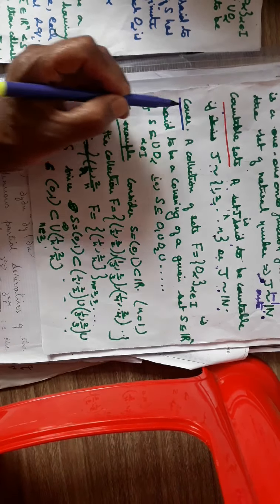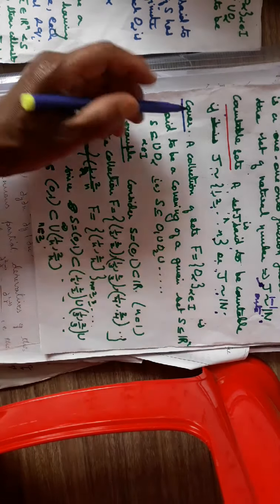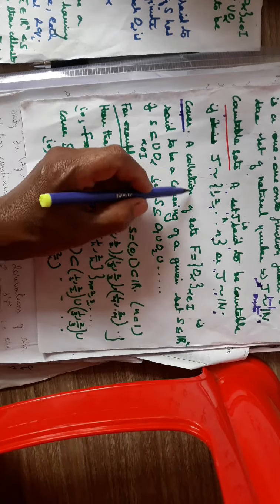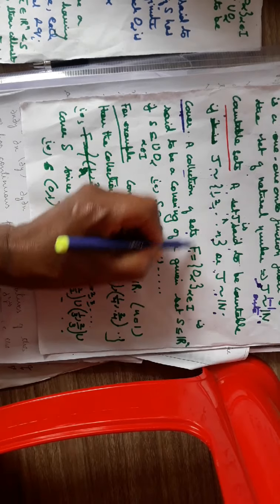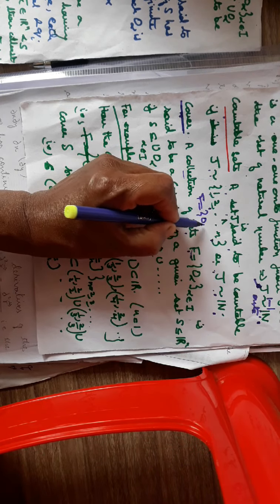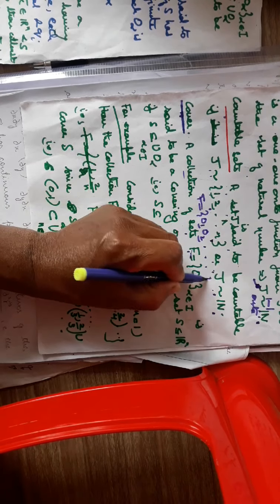Now we come to the main definition we need later on. This is the definition of cover. What is meant by cover? You have a collection F of sets O_alpha, that is, F is a set O1, O2, and so on.